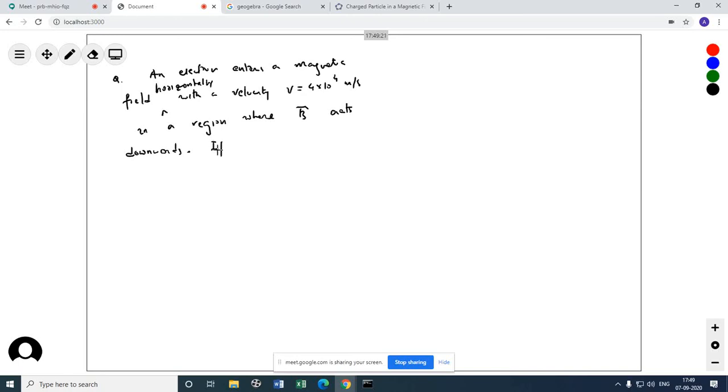If the strength of B is 10 to the power minus 5 Tesla, draw the trajectory of the charged particle.